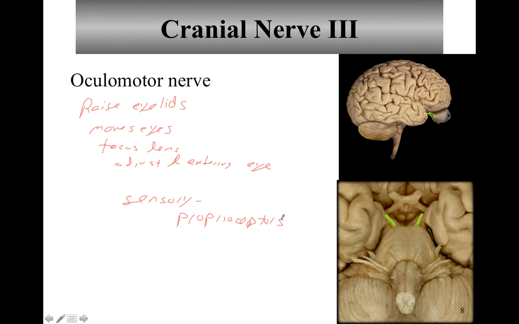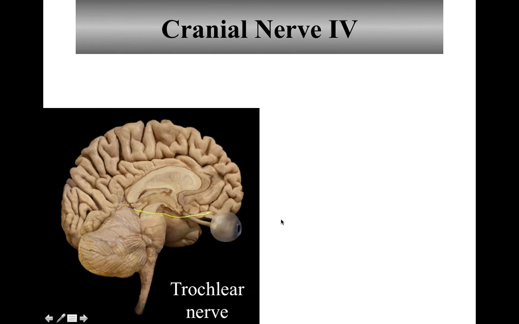Cranial nerve 4, the trochlear nerve. It's primarily a motor nerve. It's motor impulses that move the eye.